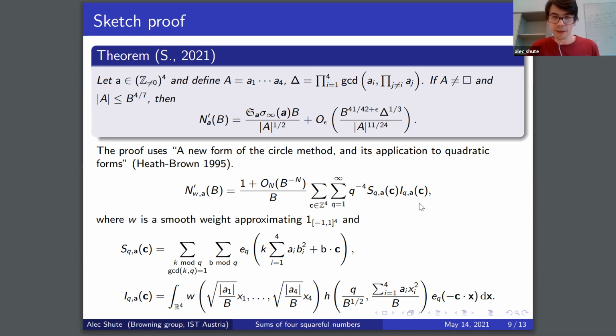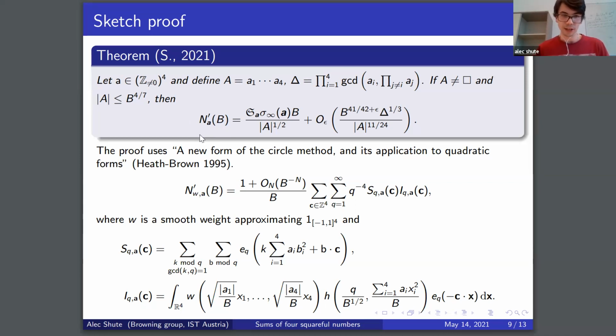And what we show is that the main term comes just from when c is equal to 0. Then we have to find estimates for the exponential sums and integrals to get all the other values of c as an error term. Then once we've done that, we have to remove the smooth weight again to get an asymptotic for N'(A,B).